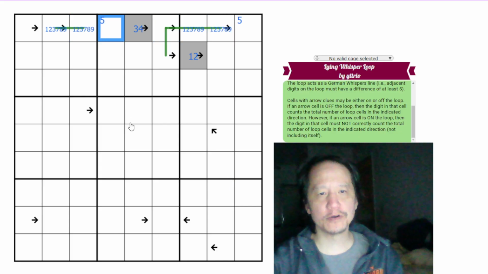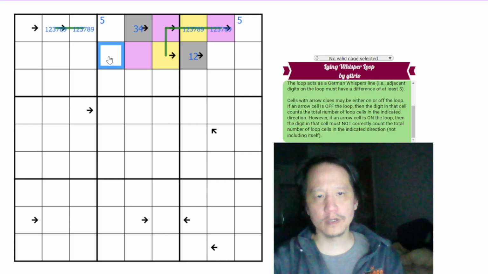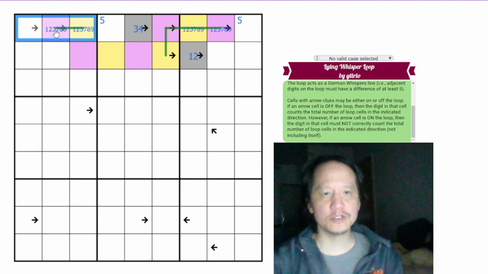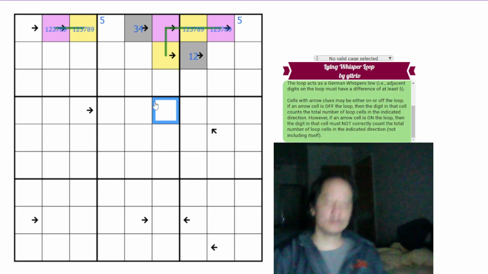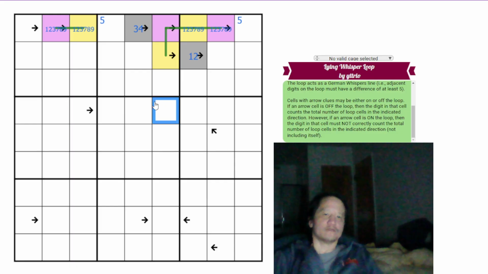Oh, but we don't know about that one. So let's try this. So say this was pink, yellow, pink, yellow, pink, yellow, pink. Okay, so this is always yellow and pink, and this is always pink, yellow, pink. So no matter what, then we have this distinction. So that's very interesting.